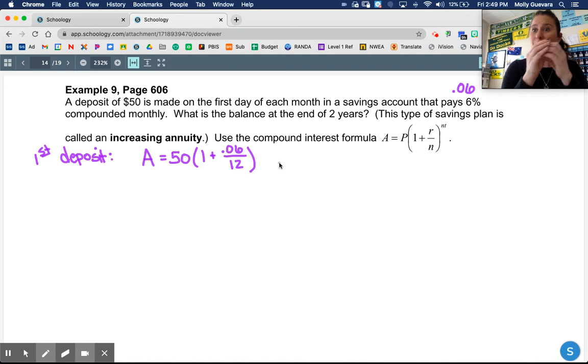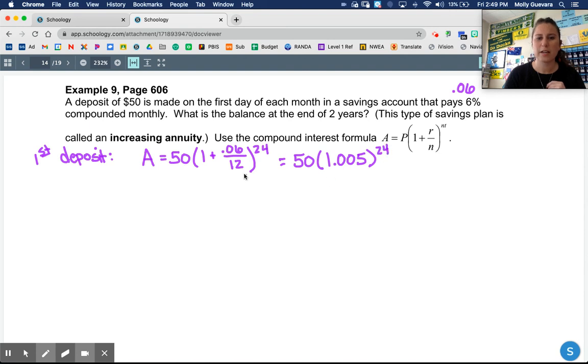It's going to be January, February, March, April, all the way down, and then again January, February, March, April, all the way through 2 years. So this particular $50 is getting compounded 24 times. And if I simplify this equation, I just get 50 times 1.005 to the 24th. So I just simplified the 0.06 divided by 12 plus 1.